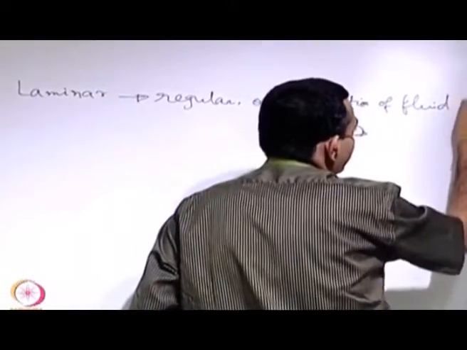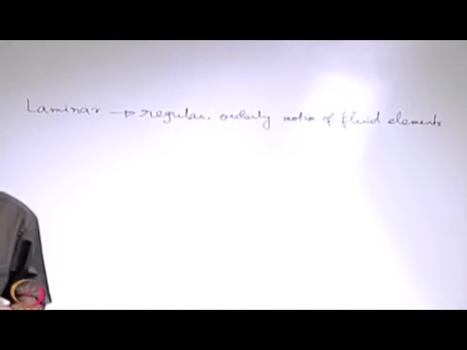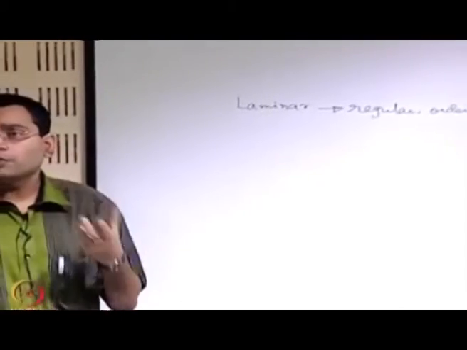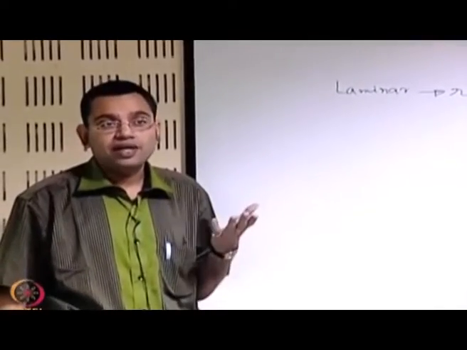This is very qualitative, but in a laminar flow what is happening at least is that if you have a disturbance or perturbation in the flow, the perturbation is not able to get amplified irrespective of the level of disturbance.